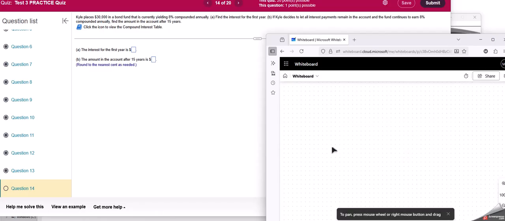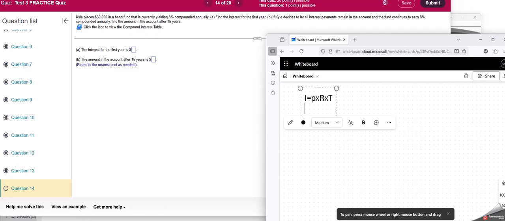All right, Kyle places $30,000 in a bond fund that is currently yielding 8% annually. Find the interest for the first year. If Kyle decides to let all interest payments remain in the account and the fund earns 8% compounded annually, find the amount after 15 years. So the first one is just our basic interest equals principal times rate times time.